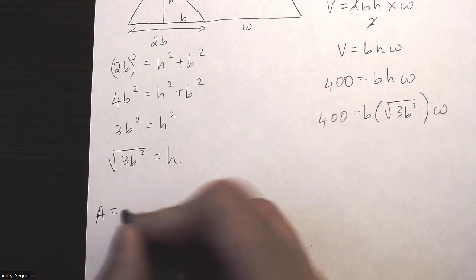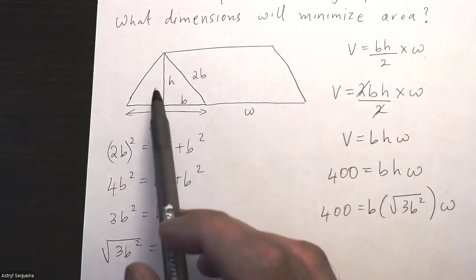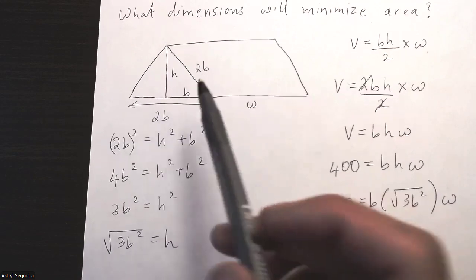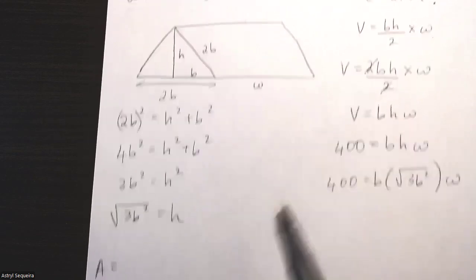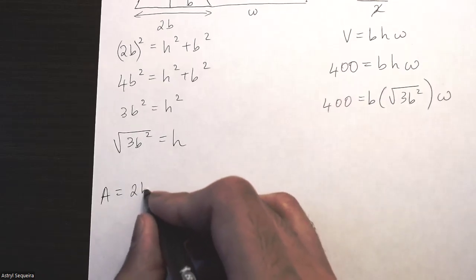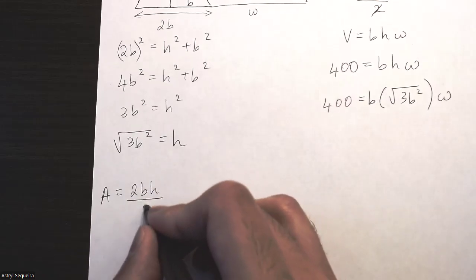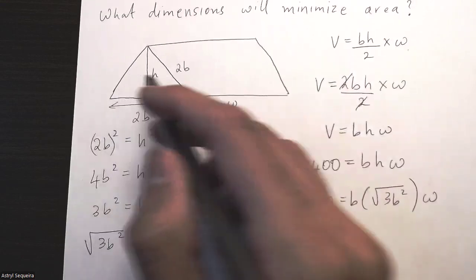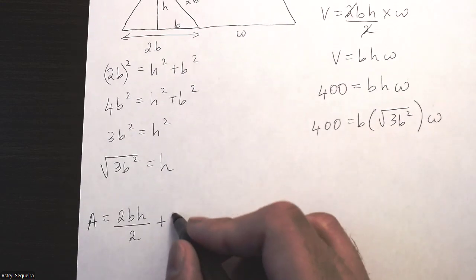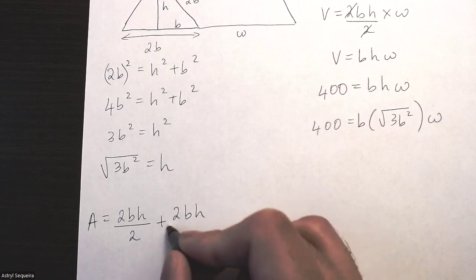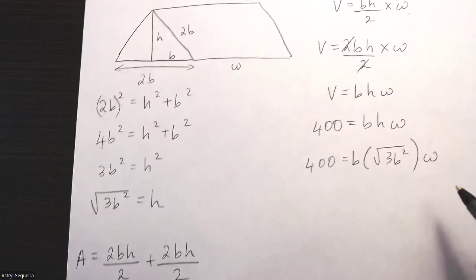So the area of this shape over here will be the area of the front. The area of the front is just 2b times h divided by 2, plus the area of the back, which will be the exact same, base times height over 2.